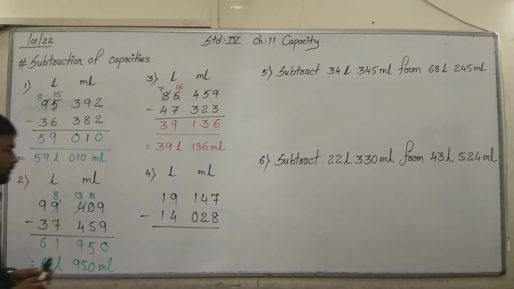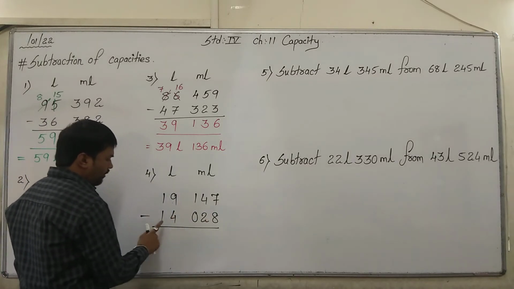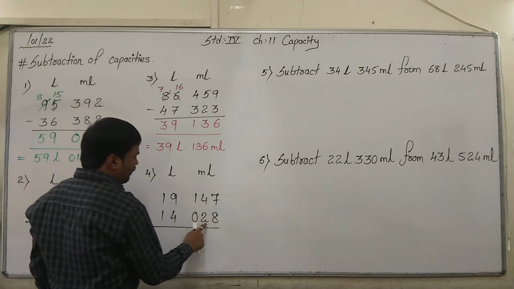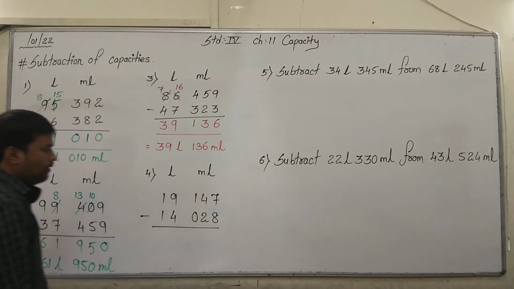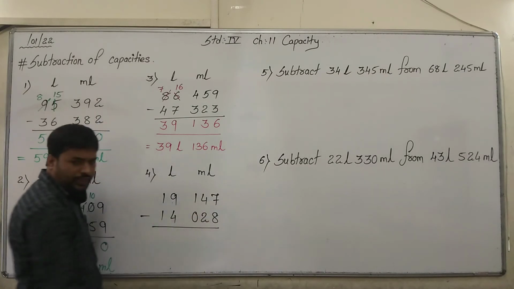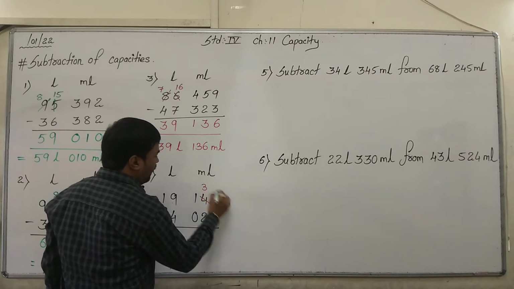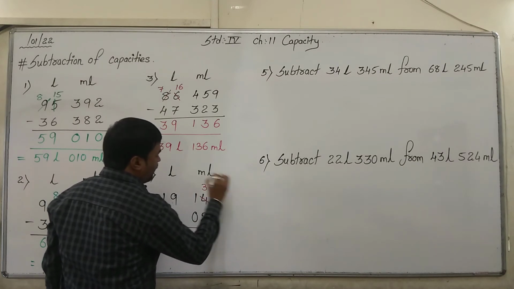Fourth one: 19 liters 147 ml minus 14 liters 028 ml. Again, try to subtract. 7 minus 8 is not possible. So this 4 will become 3 and this 7 will become 17.